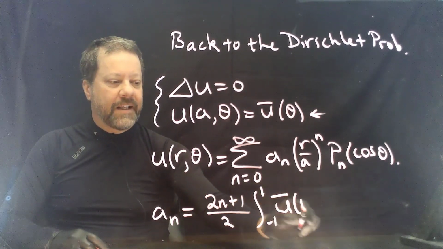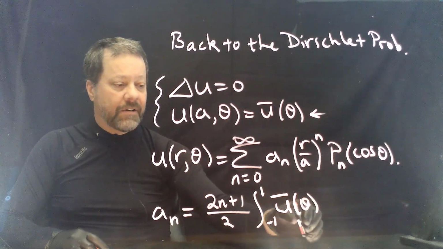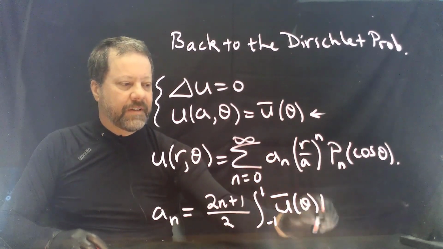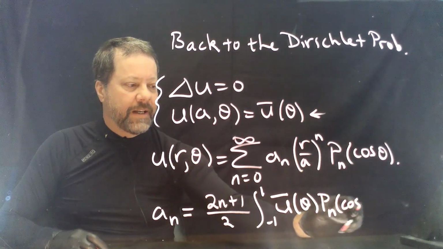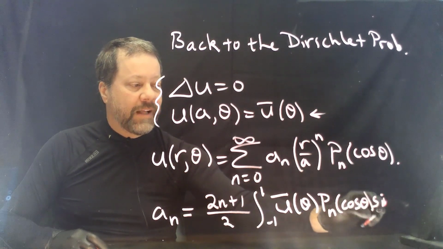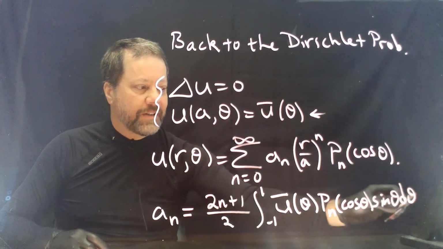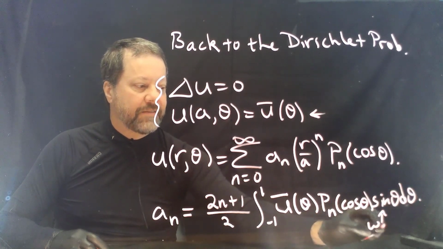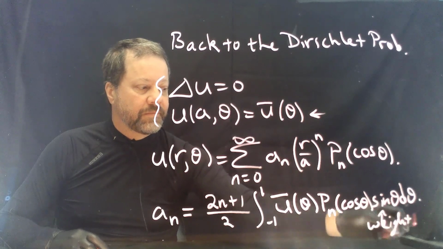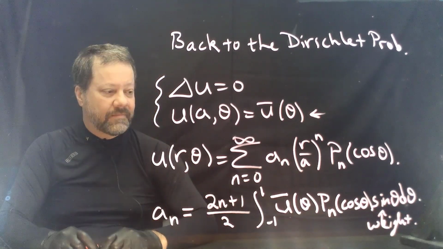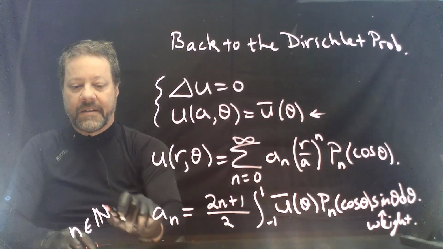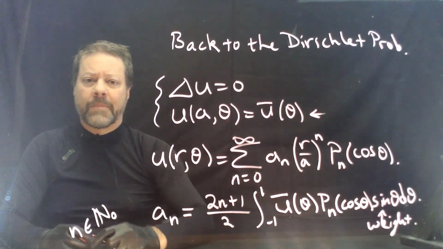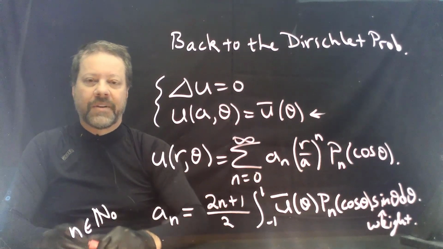We're taking the inner product of our boundary data function with the Legendre polynomial evaluated at cosine theta. We'll have a weight on this inner product of sine theta. And here, n takes values in the natural numbers including 0.